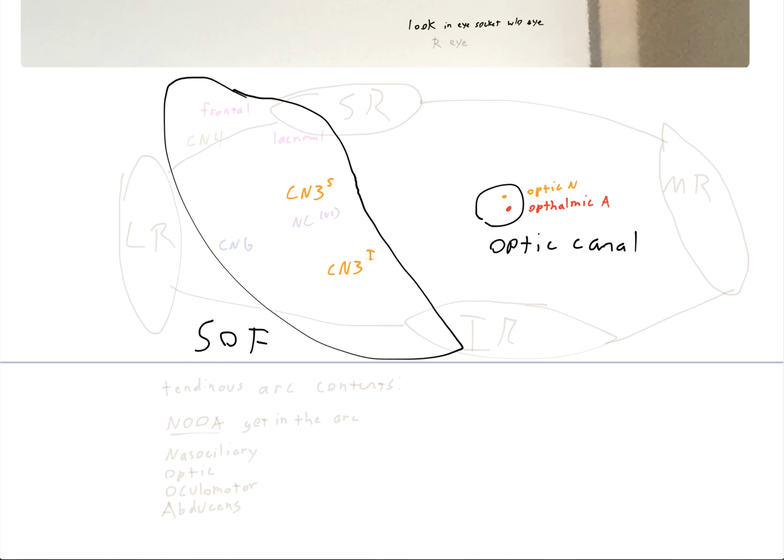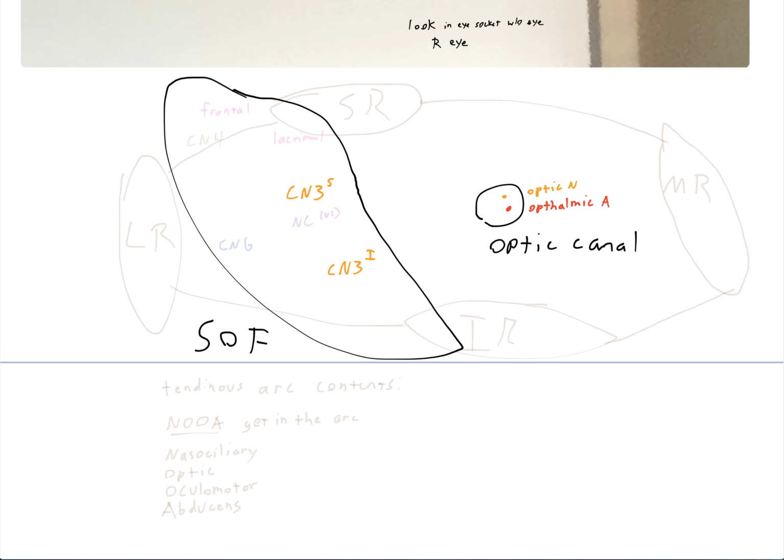If the optic canal is here, it would be the right eye. It doesn't really matter. So you've got cranial nerve 3, that's the superior. Then you've got cranial nerve 6.